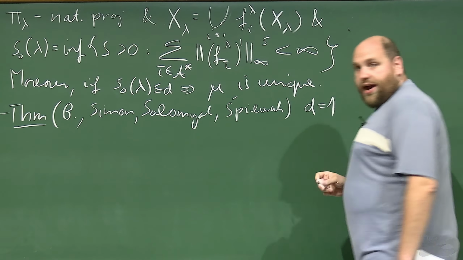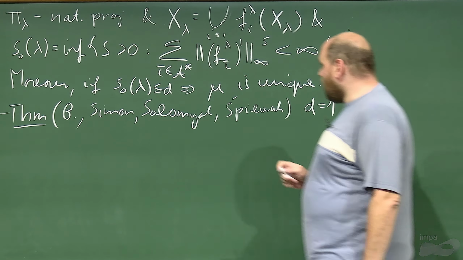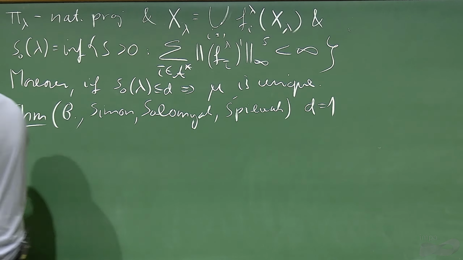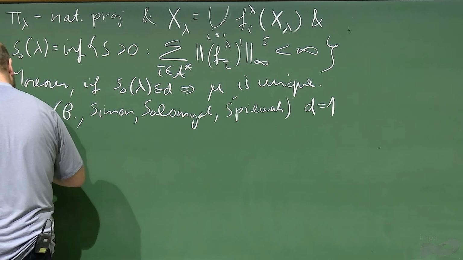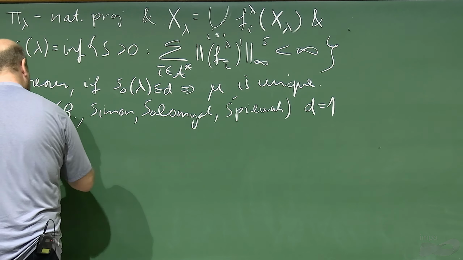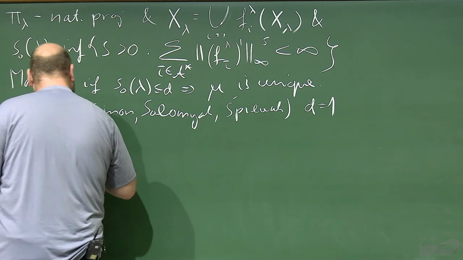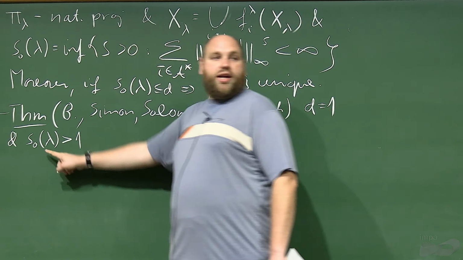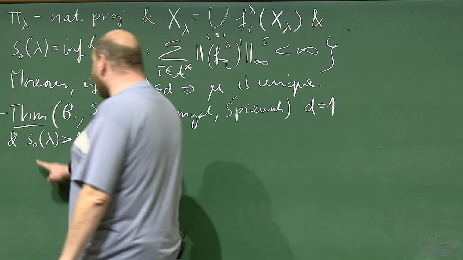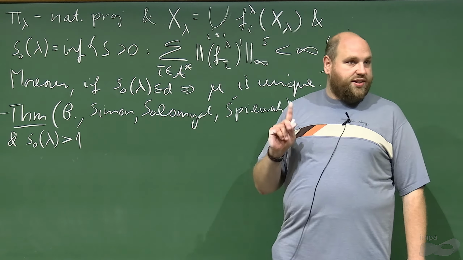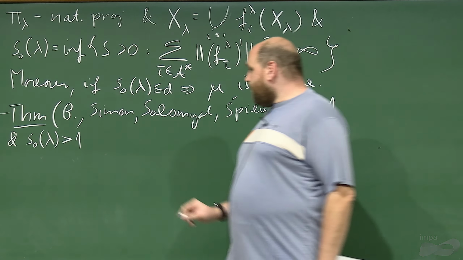When you are on the line, so all the same system except that you are on the line, and S naught lambda is strictly greater than 1, so I'm only restricting my interest to those parameters where S naught is strictly greater than 1, okay?